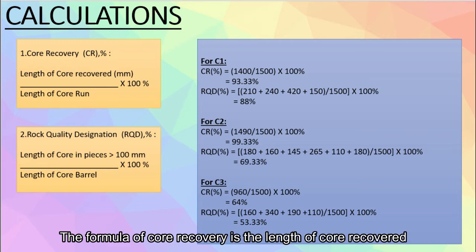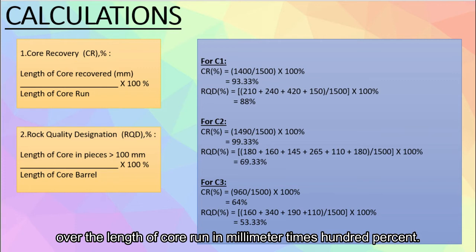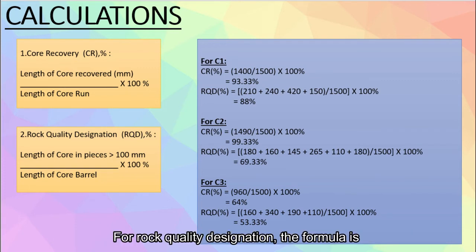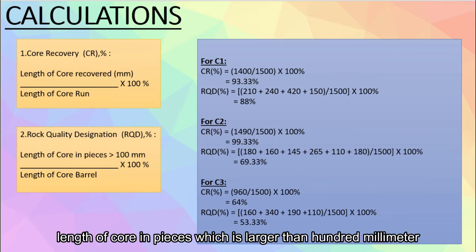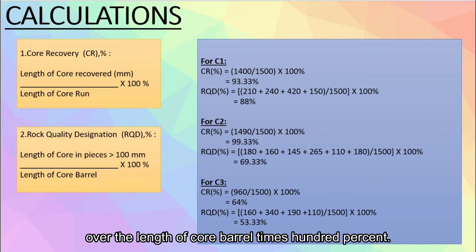The formula for core recovery is the length of core recovered over the length of core run in millimeters, times 100%. For rock quality designation, the formula is the length of core in pieces larger than 100 mm over the length of core barrel, times 100%.